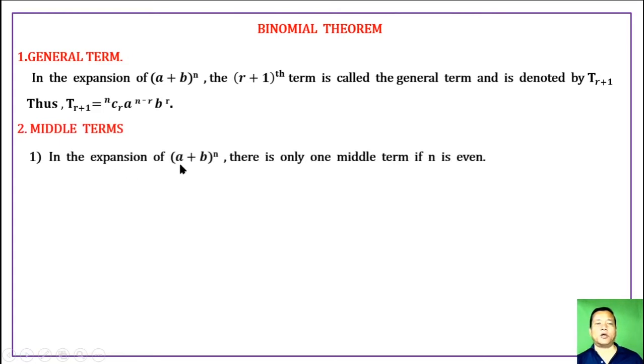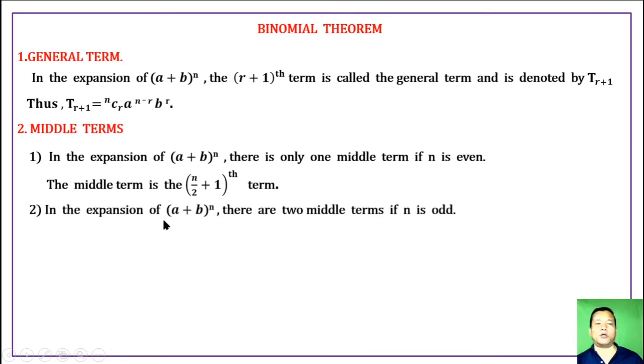In the expansion of (a + b) to the power n, where n is a positive integer, there is only one middle term if n is even. If n is even, the expansion has one middle term. The middle term is the (n by 2 plus 1)th term.